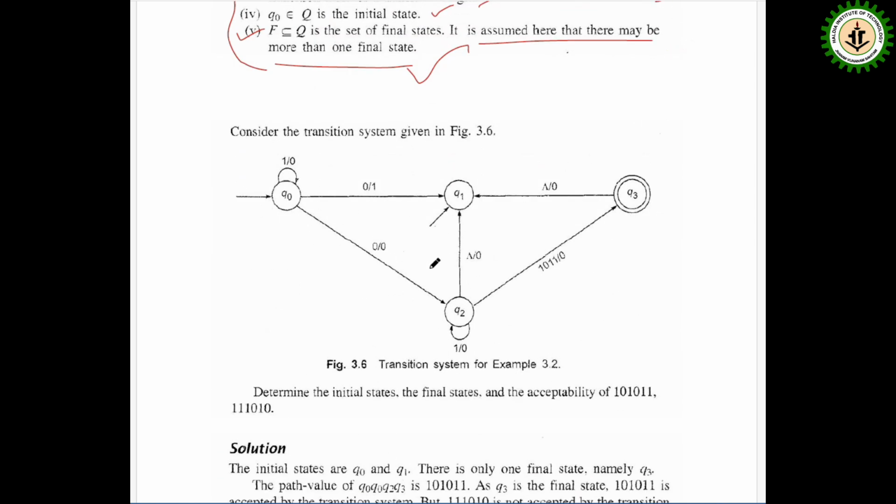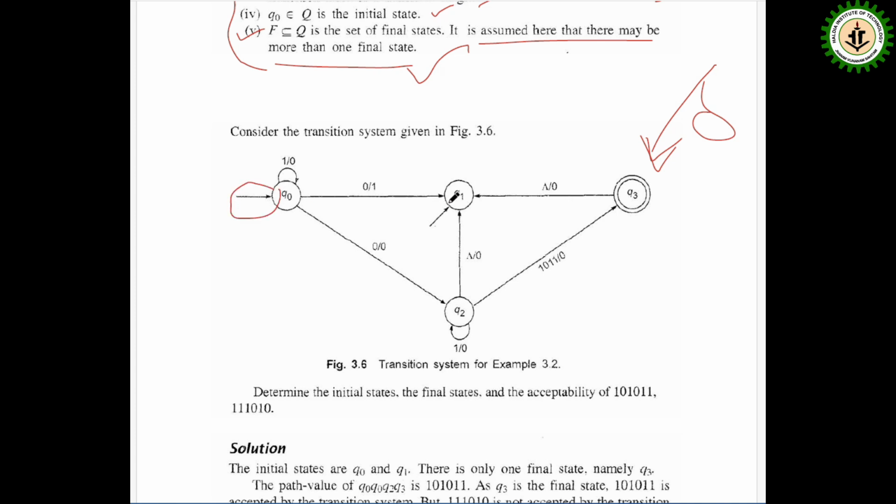Here a transition system is given, and it is delta. Here delta is defined as a transition diagram. Sometimes it could be given as a transition table. Here the delta is given as a diagram. From that diagram we can see, first of all, what this arrow signifies.